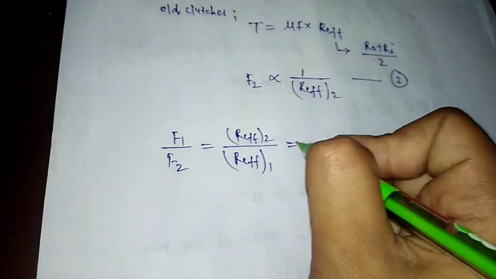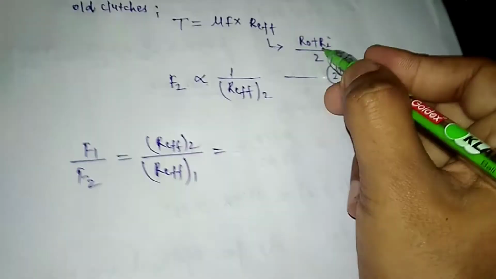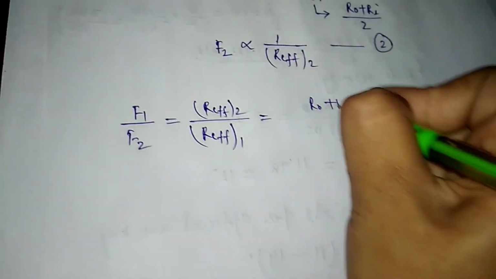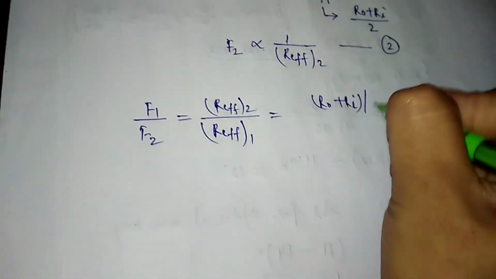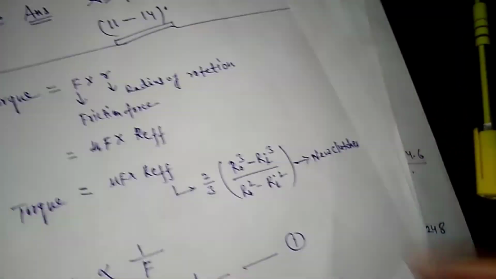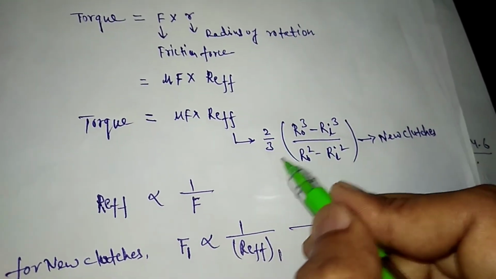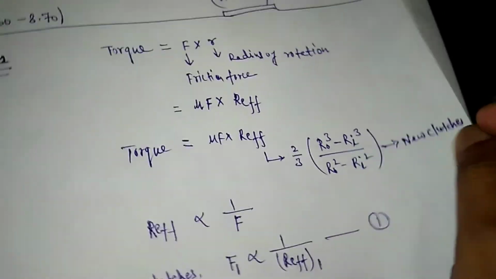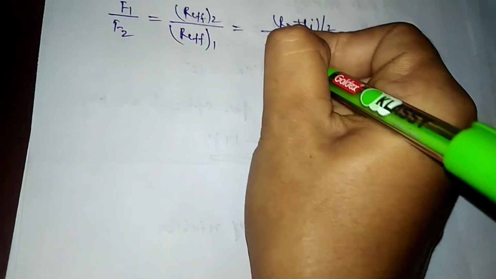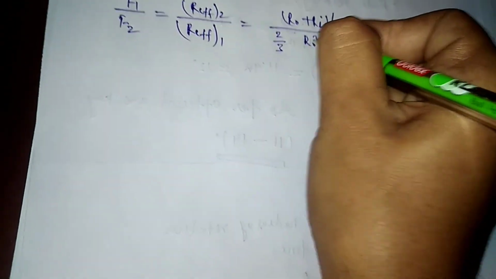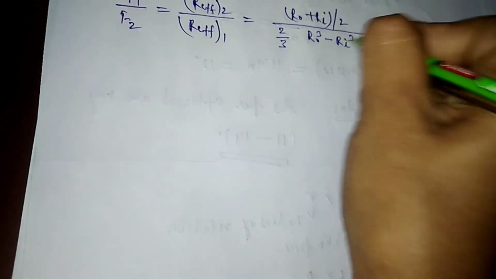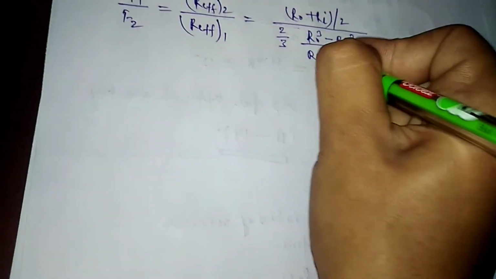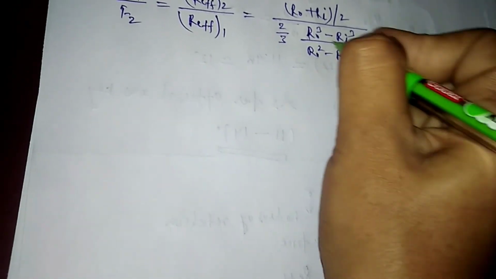So writing R effective 2 as (R naught plus Ri) divided by 2, upon R effective 1, which we have already written: 2 by 3 (R naught cube minus Ri cube) upon (R naught square minus Ri square).